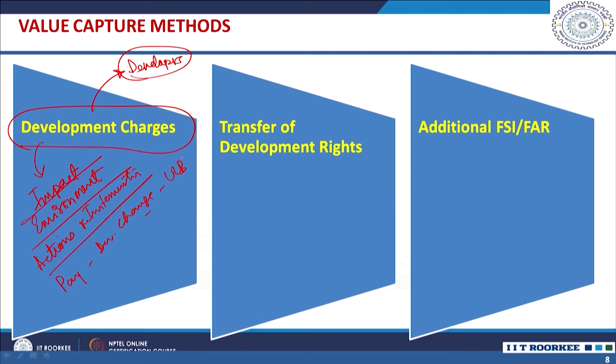In some areas it is also called developer exaction. So this is the charge levied by the urban development authority or the urban government on the developer for developing a particular infrastructure or land.